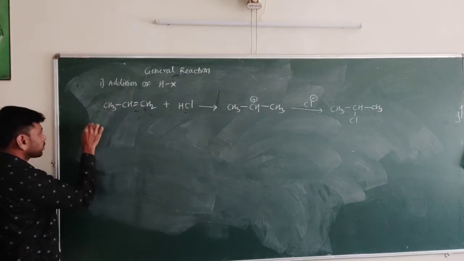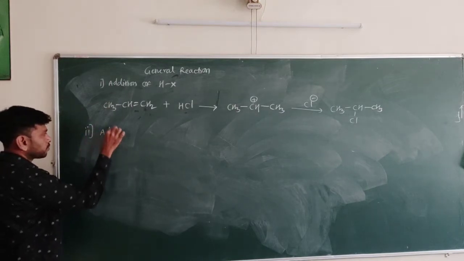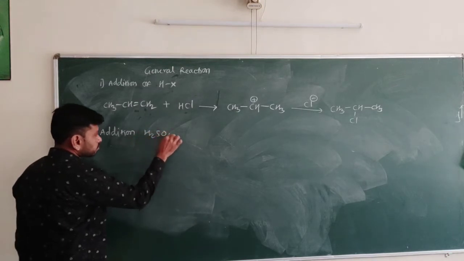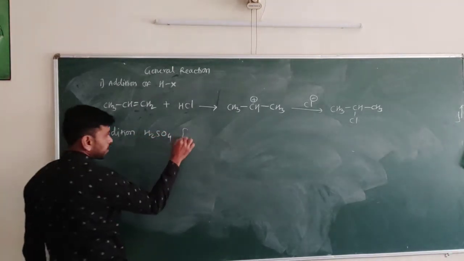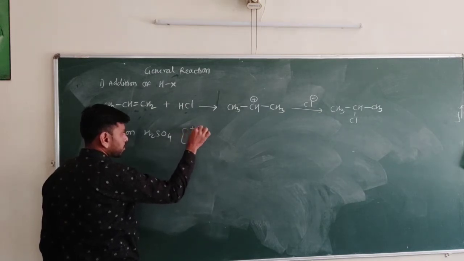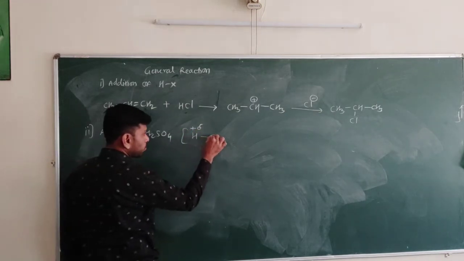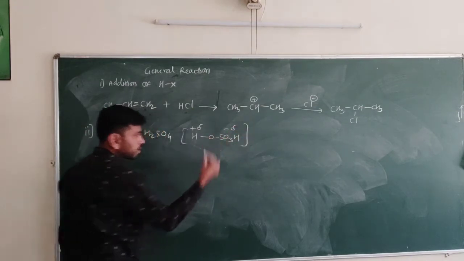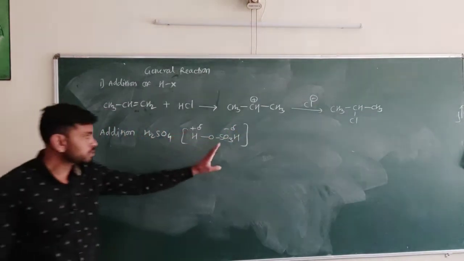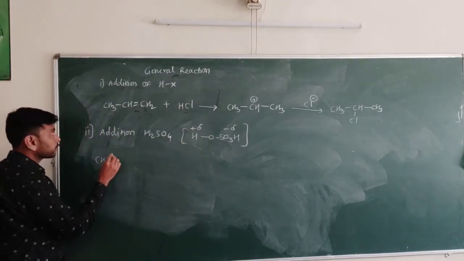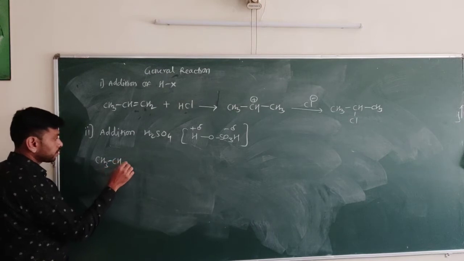Second, addition of H2SO4. We know that it also contains two parts: the partial positive part H and OSO3H, the partial negative part. So simply we attach here.